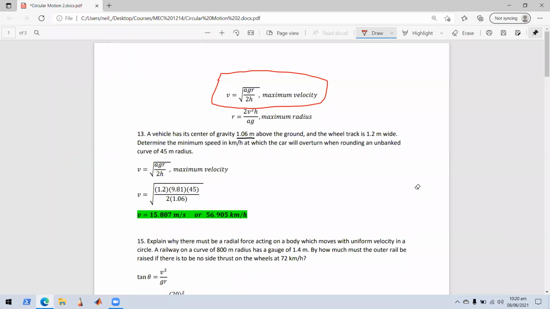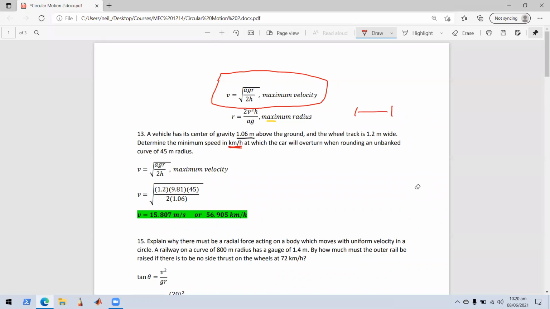Okay, good. So a vehicle has a center of gravity of 1.06 meters above ground. The wheel track, which is the distance between the two wheels, right, is 1.2 meters wide. Determine the minimum speed in kilometers per hour at which the car will overturn when rounding an unbanked curve of 45 meters radius.